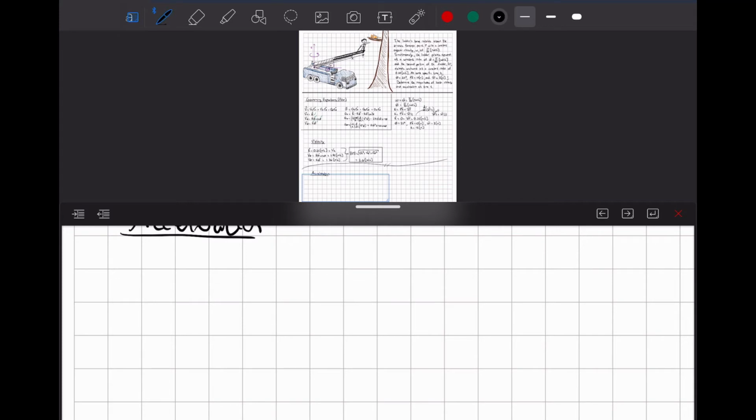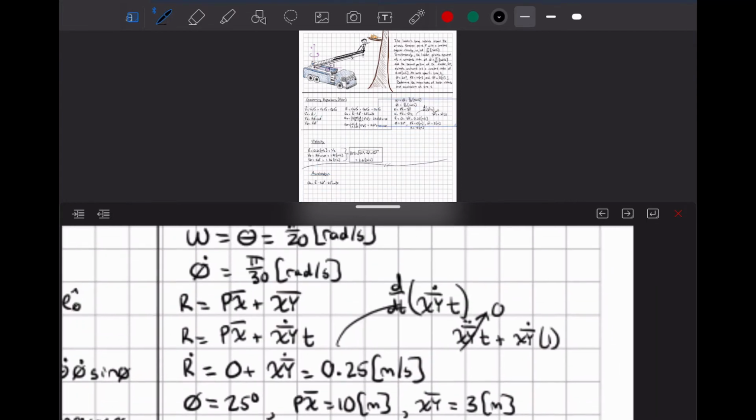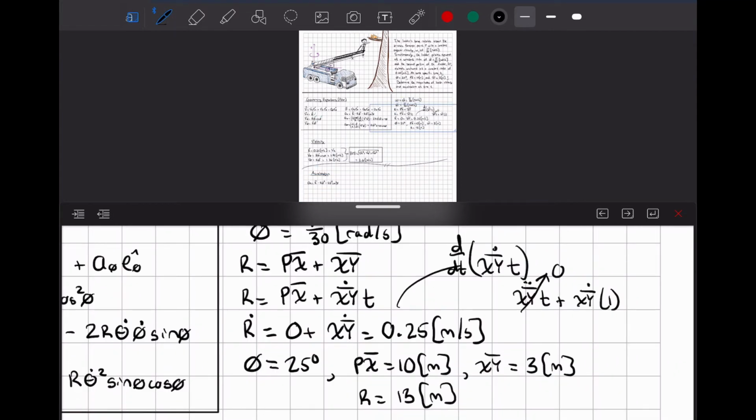Let's look at the radial direction first. So we have AR, hopefully I copy this down right, r double dot minus r phi dot squared minus r theta dot squared cosine squared phi. Okay. Well, if we look back here at our givens, we see that r dot is actually constant.